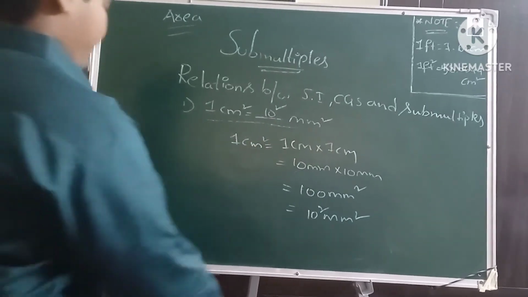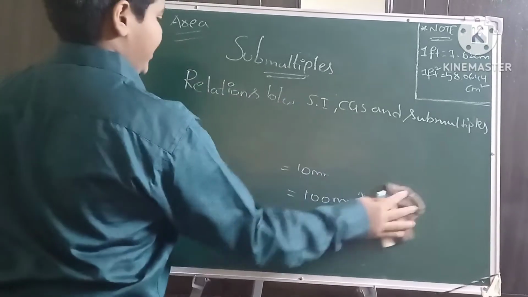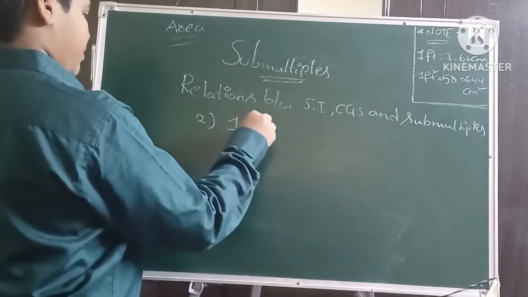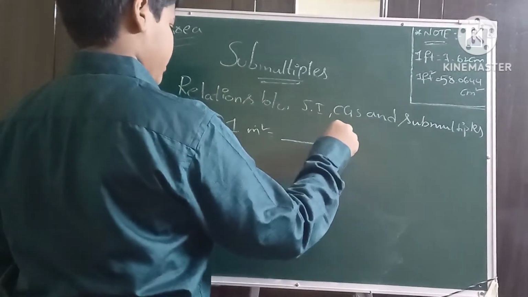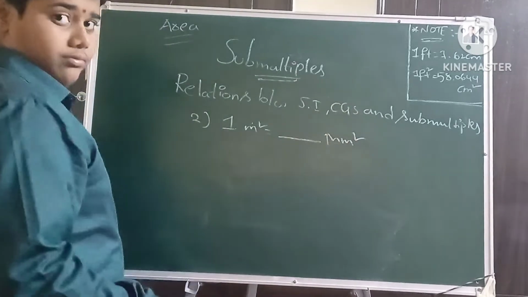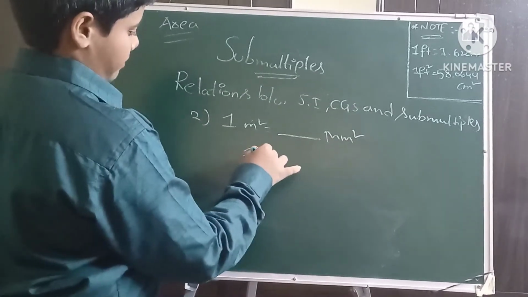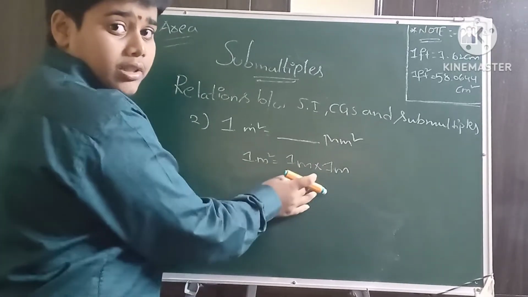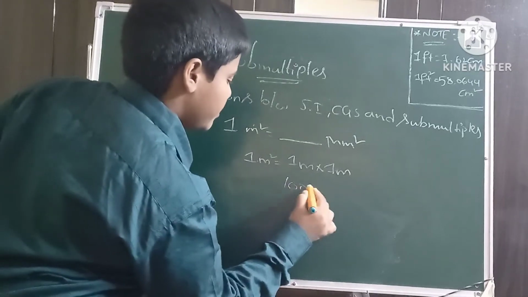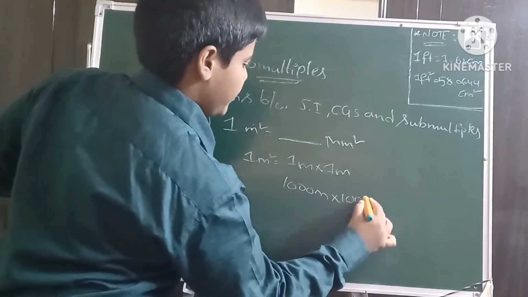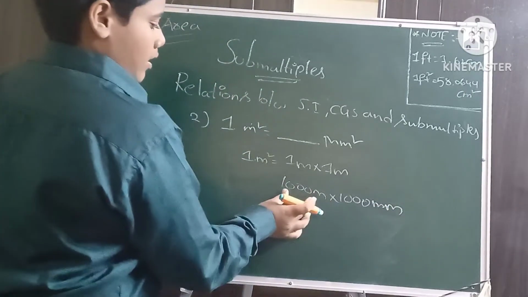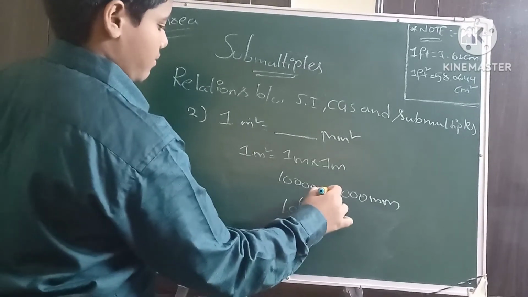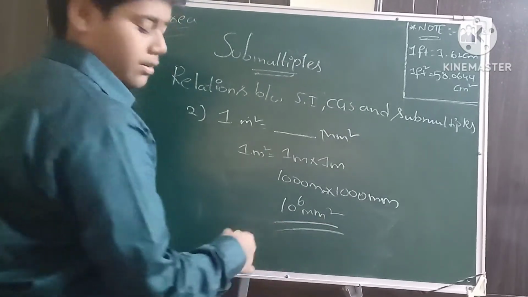And the second relation: 1 meter square is equal to dash millimeter square. 1 meter square is 1 meter into 1 meter. 1 meter is 1000 millimeters, so 1000 millimeters into 1000 millimeters, 1000 into 1000 is 10 power 6 millimeter square.